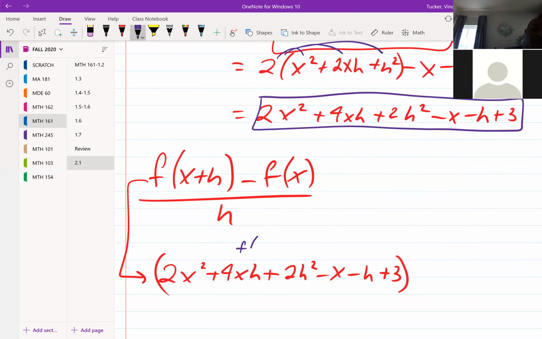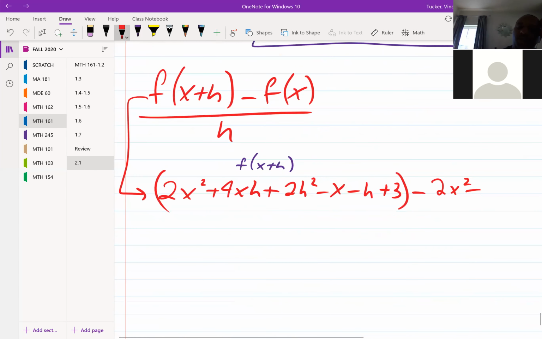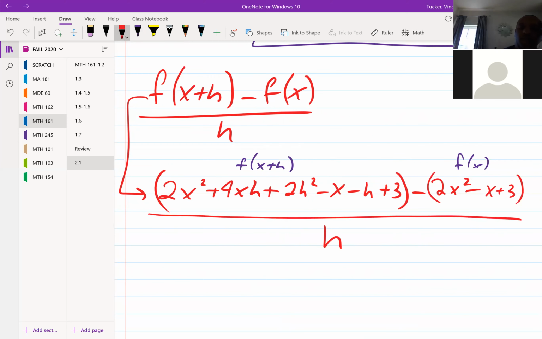That part is f of x plus h, minus 2x squared plus x minus 3, excuse me. That's f of x. All over h.